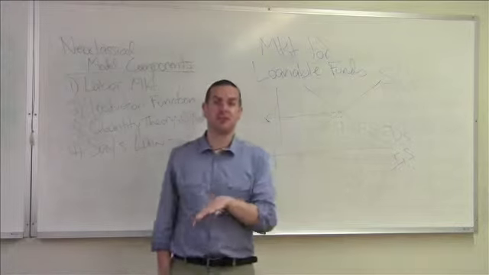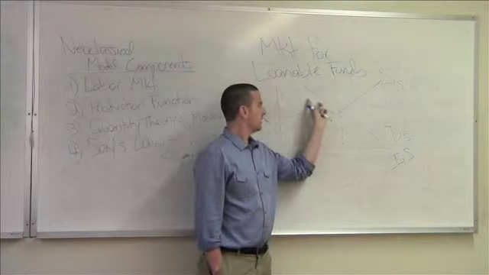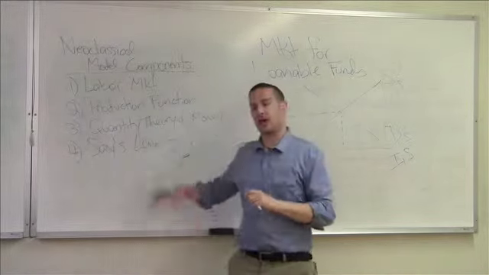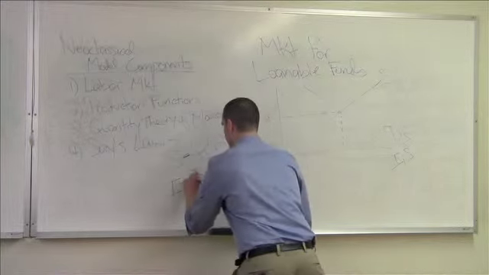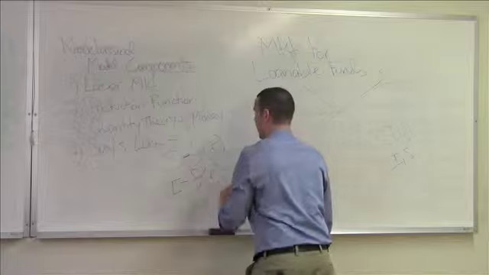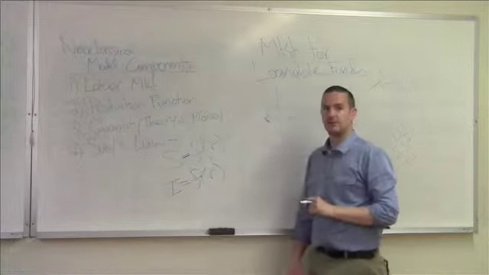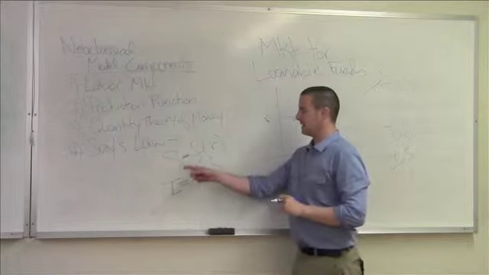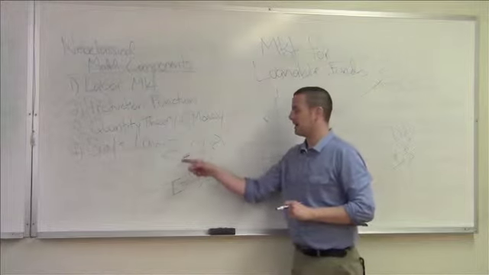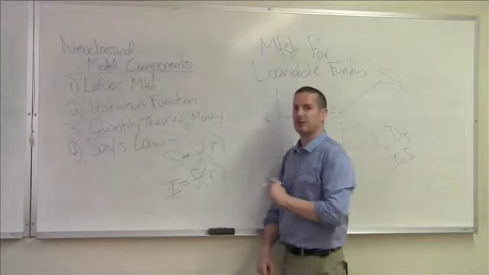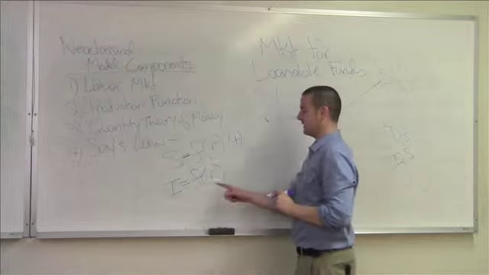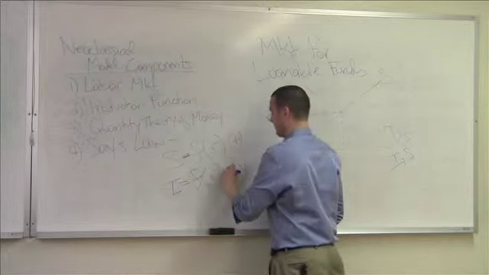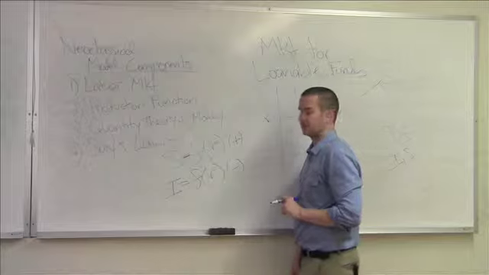And the demand for savings comes from the equation I also just erased: investment is a function of the interest rate. Savings is positively related to the interest rate, and investment is negatively related to the interest rate.